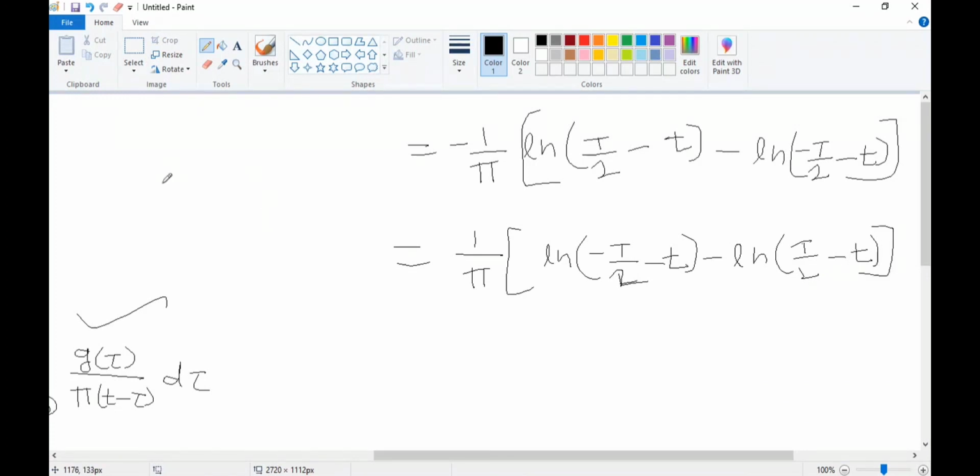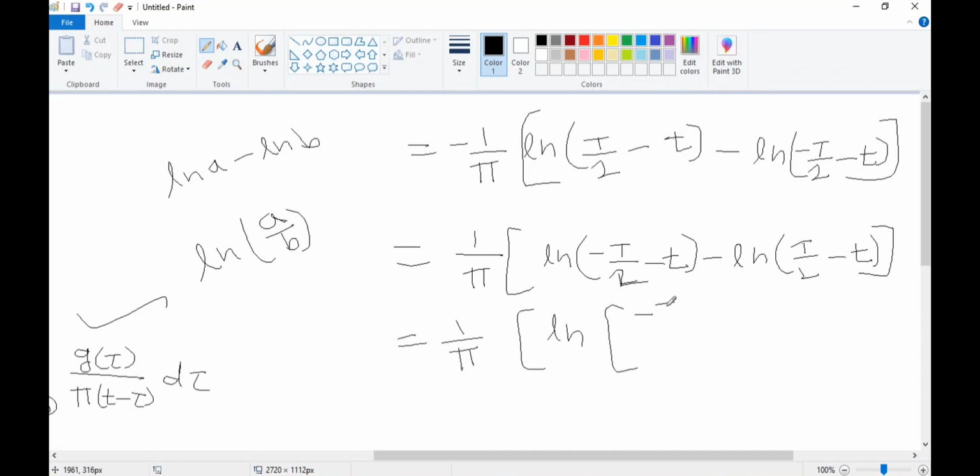You know that ln of a minus ln of b can be represented as ln of a by b. The same thing I'll write here. So this is equal to 1 by pi ln of minus t by 2 minus t divided by t by 2 minus t.